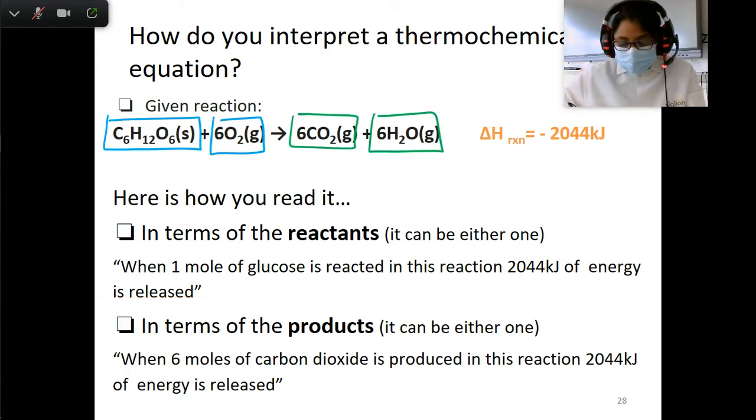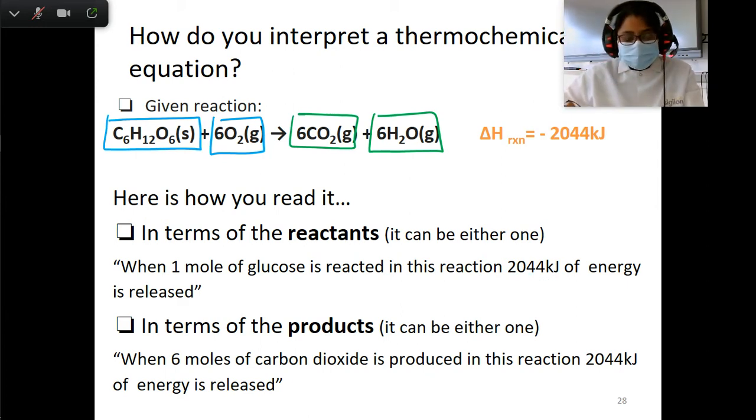Each of these components, the glucose, the oxygen, the carbon dioxide, and the water, has its own relationship with this energy term. If you read it in terms of the reactants, the blue things, you can read it as when 1 mole of glucose is reacted in this reaction, 2044 kilojoules of energy is released.